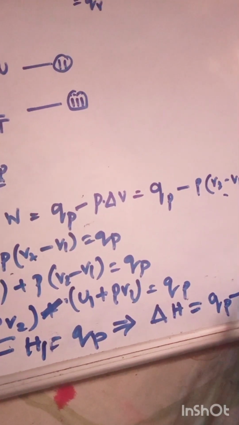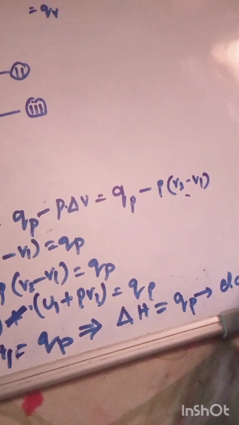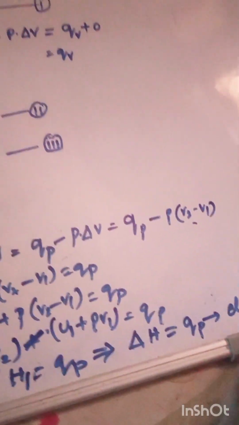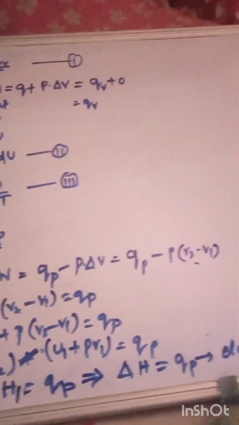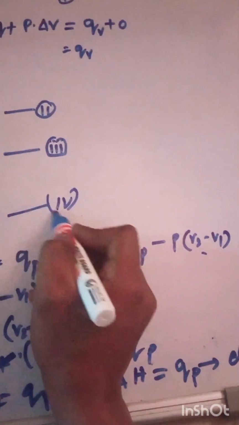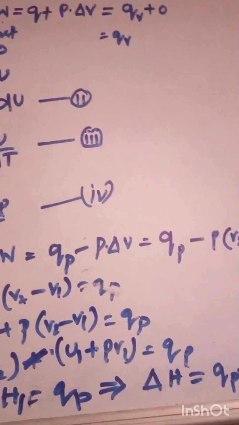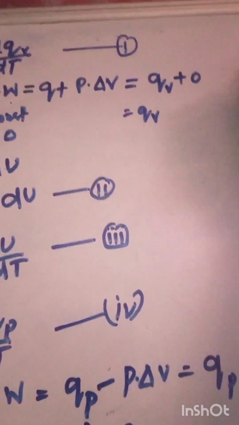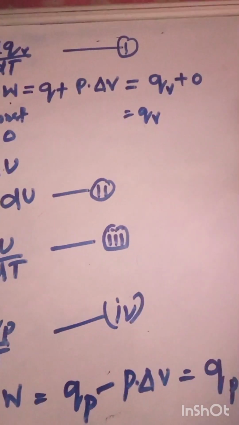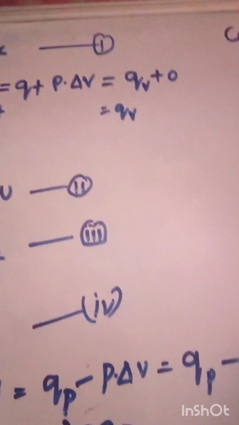So from here we again know that dQp equals dH. So putting the value in equation 4, we will get dQp by dT equals Cp. Cp equals dH by dT. This is equation 5.